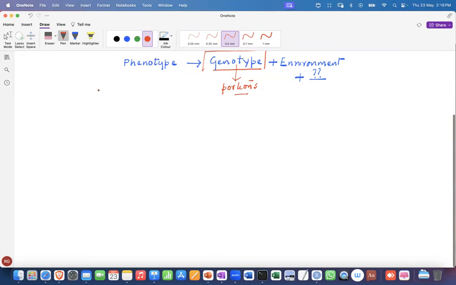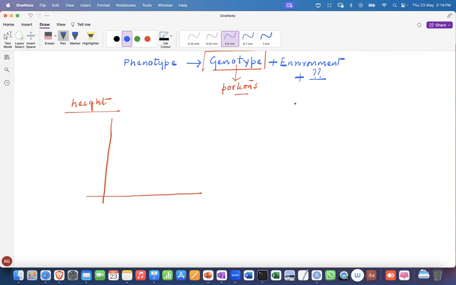We'll take one small example, right? We'll take height as an example because that's easy for us to understand. And we'll take one particular genotype. Let us say at a position in the genome, there is an A to T SNP.